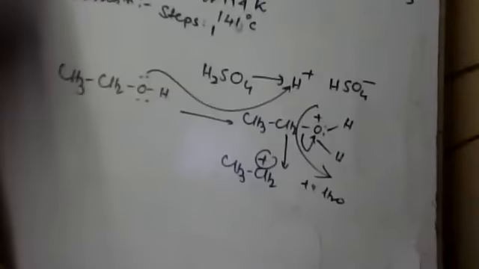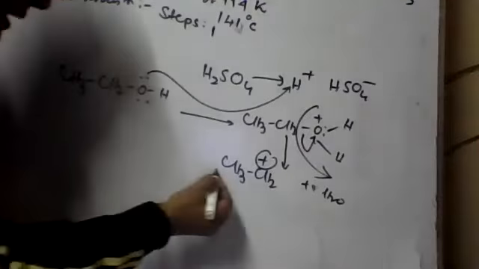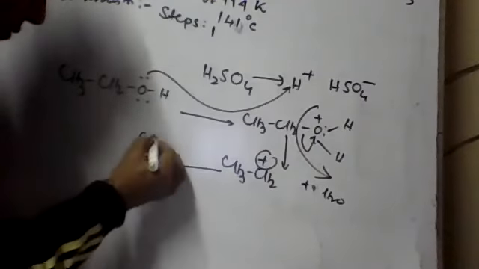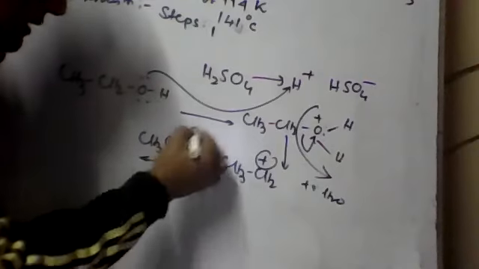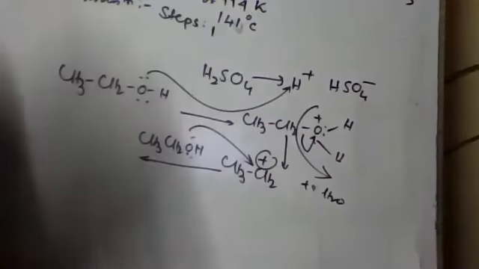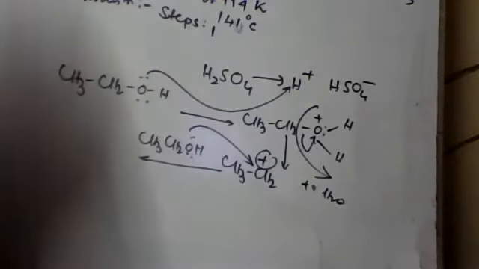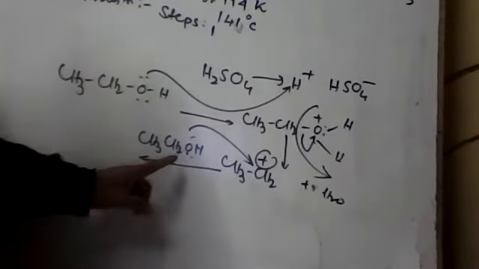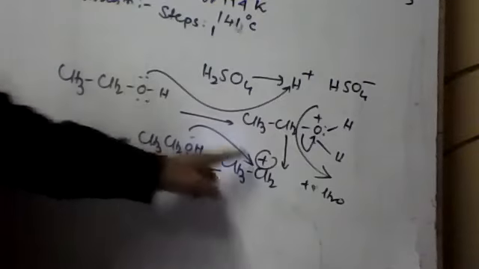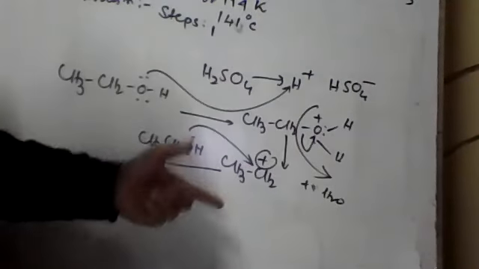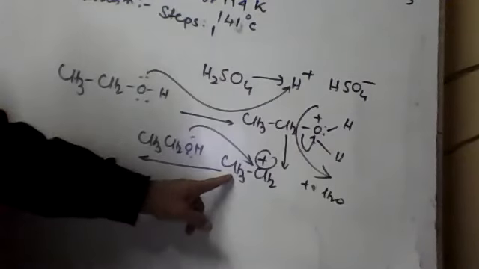The second step is nucleophilic attack by another alcohol molecule, CH3CH2OH. One alcohol will act as a nucleophile because oxygen has two lone pairs, and it will attack this carbocation. In the previous mechanism, beta elimination formed the alkene.